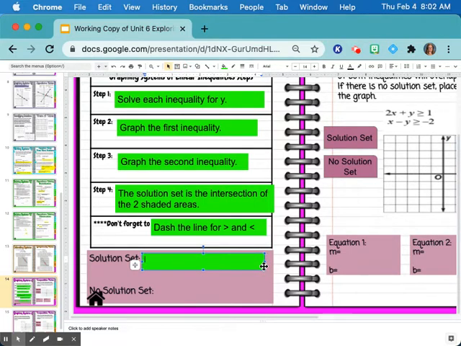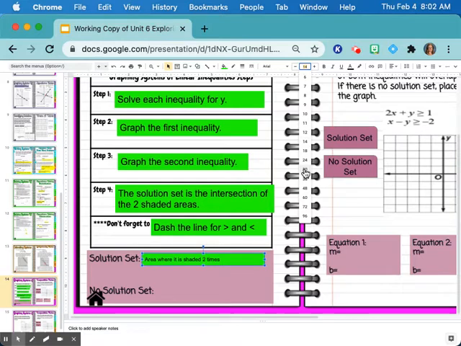Solution set, intersection, or let's say area where it is shaded 2 times. 2 or more times, I guess, if we're doing more.